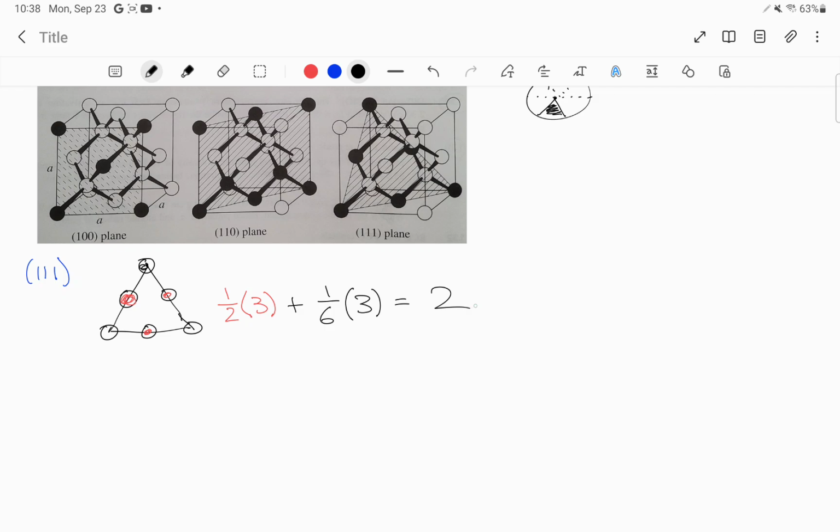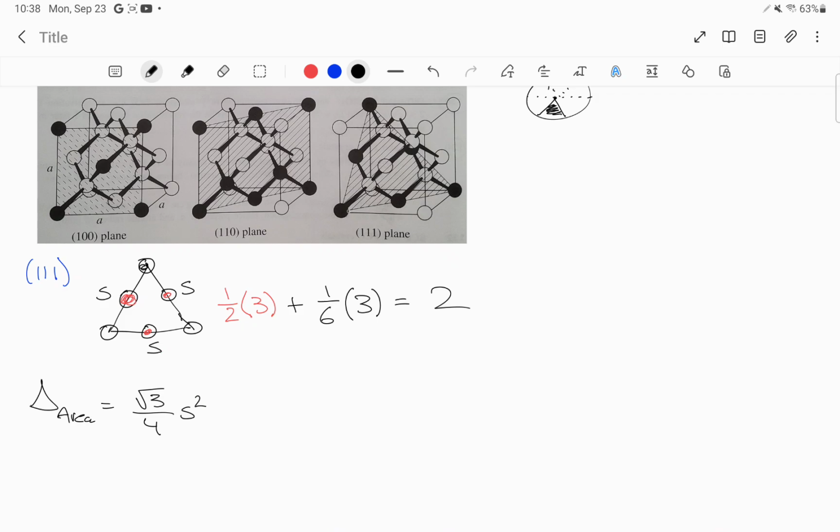So now we need to find out what the area of this triangle is going to be. So like I said before, all these sides are the same, and we know that the area of a triangle is equal to the square root of 3 over 4 times s squared. Now, again, what is going to be the length of S?